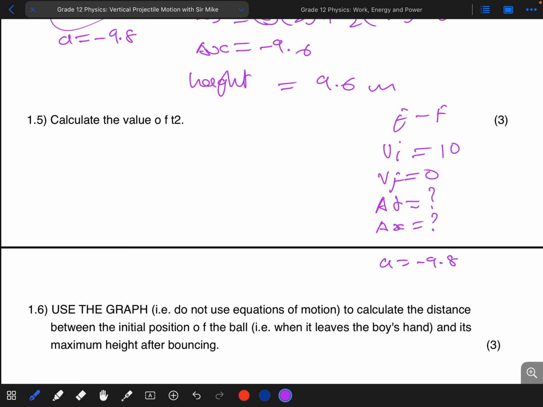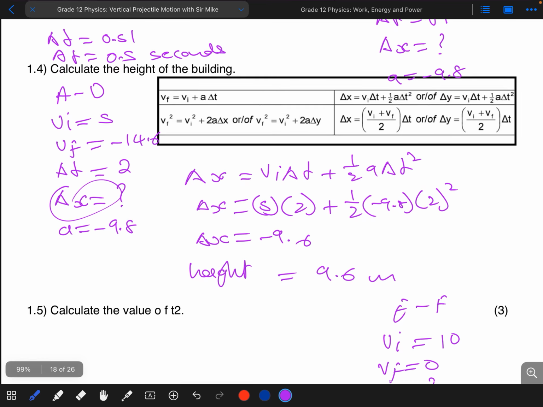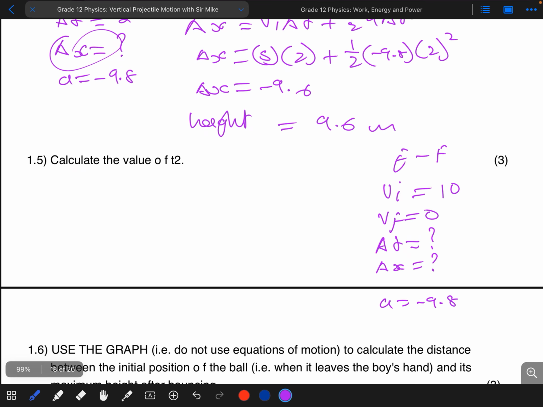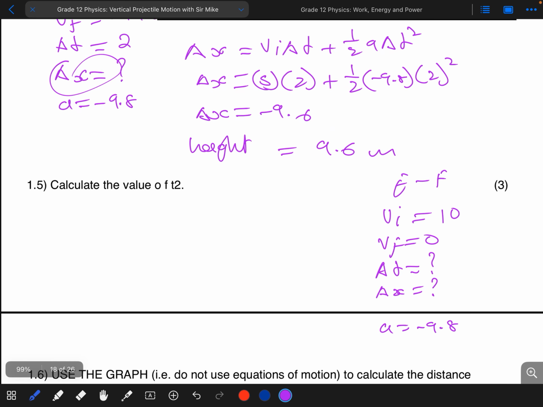Remember that I'm calculating time. So any equation that I choose must have time but mustn't have displacement, because we don't know the displacement. I'm going to take the first equation, because it's easier in this case: Vf equals Vi plus a multiplied by delta t.